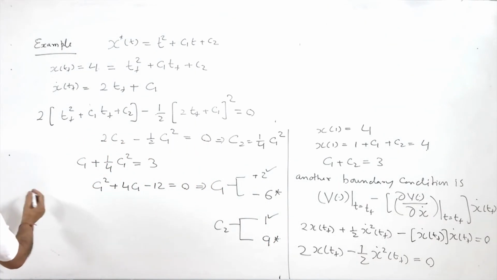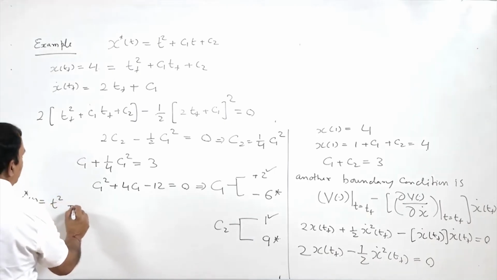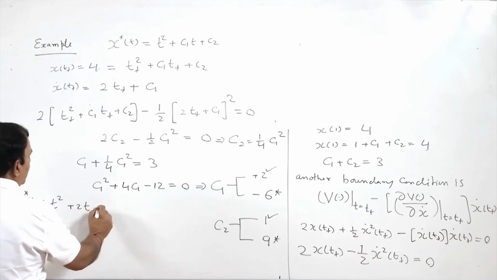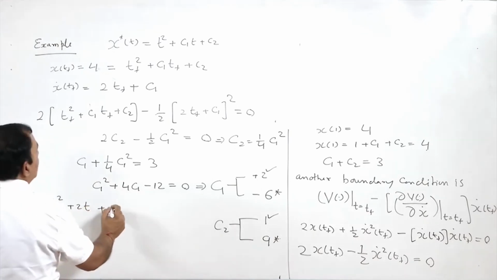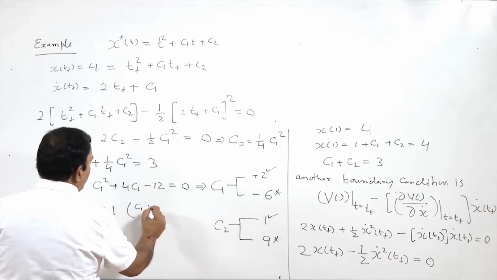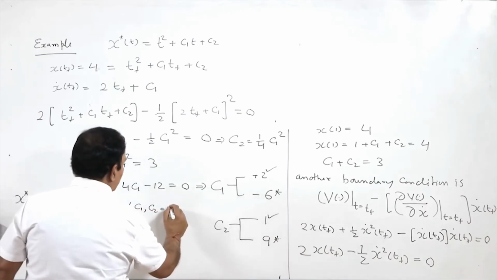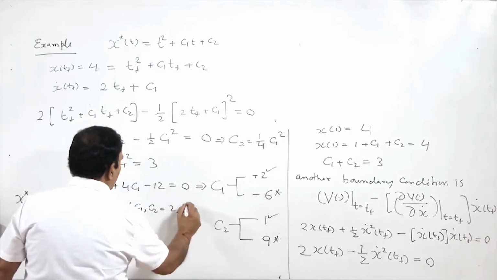So, this means my optimal trajectory may be, so I have two solutions. x star t, if I take 2 and 1, is t square plus 2t plus 1, with C1 C2 as 2 and 1.